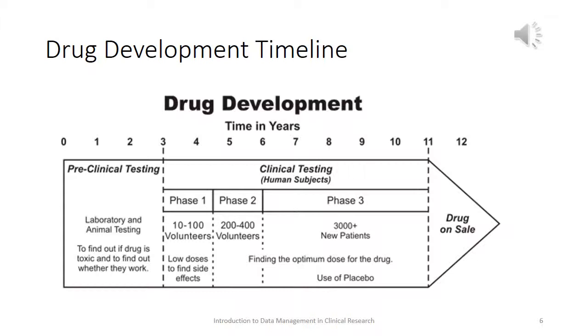So once we feel satisfied that we've collected data and we feel like we can move to phase 3, at that point, we're going to expand it to a larger population of patients. This is where you're going to see multiple centers, in some cases multiple countries, involved in these phase 3 trials. They're going to be larger patient populations.